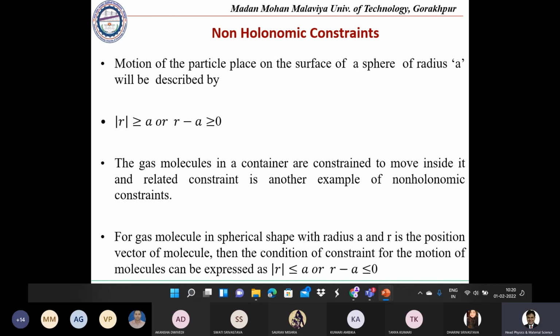The constraints which are not expressible in the form f of r1, r2 up to t is equal to 0 are called the non-holonomic constraints.